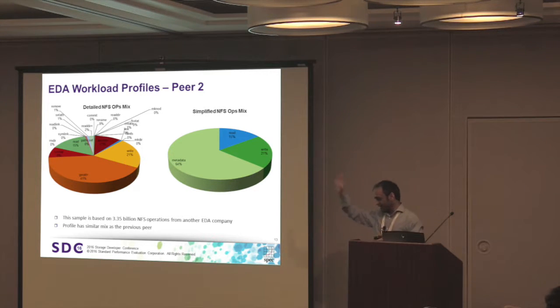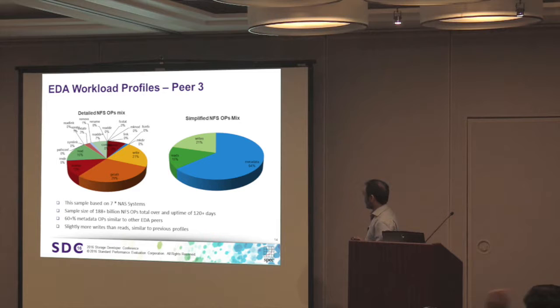So the other chart was 59% metadata, this one's 64% metadata, 15% reads, 21% writes, similar, right? And so keep doing this, and the rest of the slides are going to look similar, but they are data points from different EDA customers around the globe. Some are in Korea, some are in the US, some are in Japan, so on and so forth, right?